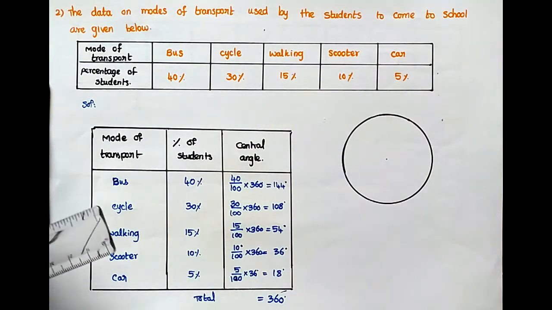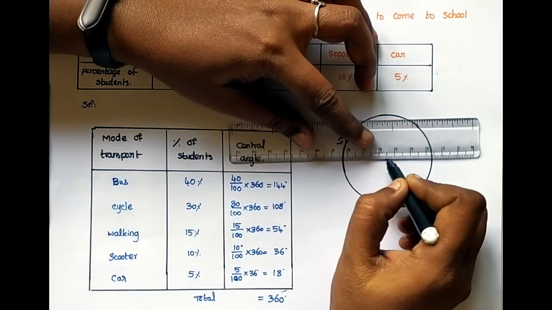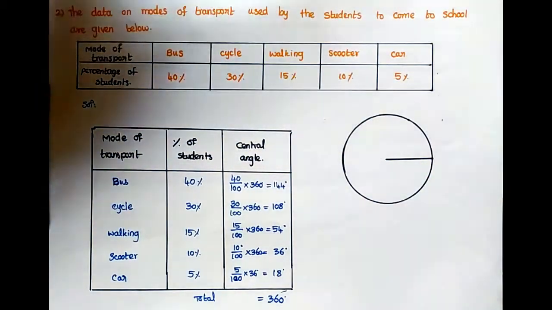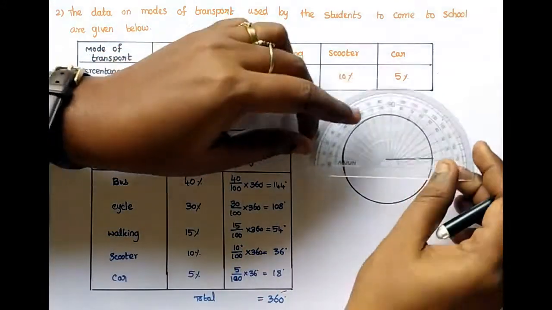Next, draw the circle and radius, and then take your protractor. First one 144 degree.